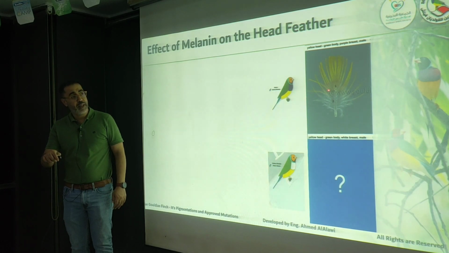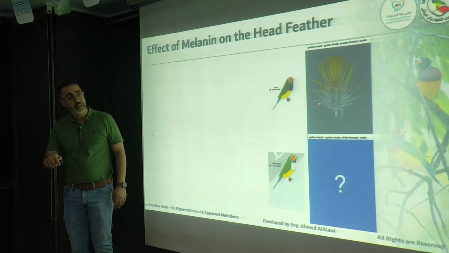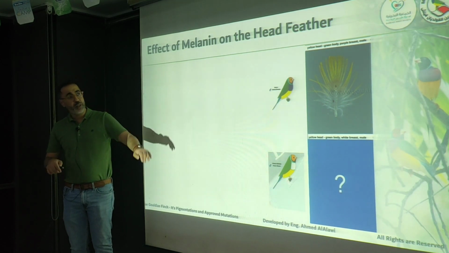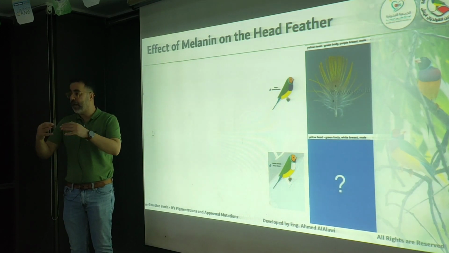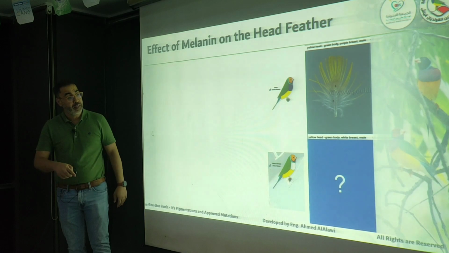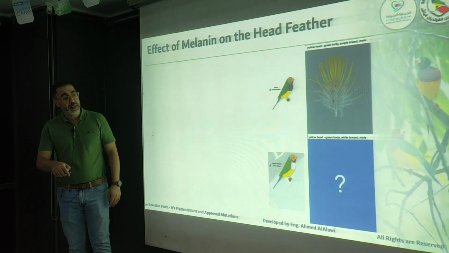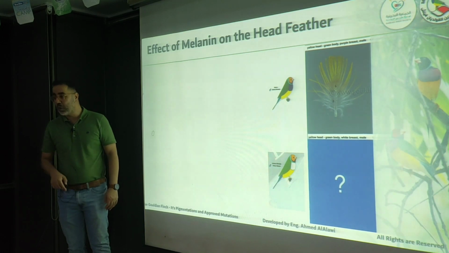Yes? And then the eumelanin is there, and this is nothing but the residual of the feather. When I have this feather, it looks yellow, but then I have yellow over yellow over yellow. What happens? Orange, right? What do you think this bird's head feather will look like?